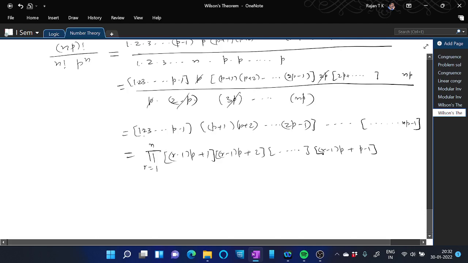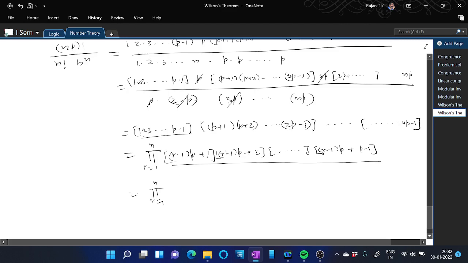Each bracket is of this type, where r goes from 1 to n. So this is a product, pi r equal to 1 to n. And each product is actually the product of natural numbers between (r minus 1)p and rp. Similarly, rp and (r plus 1)p, like that.